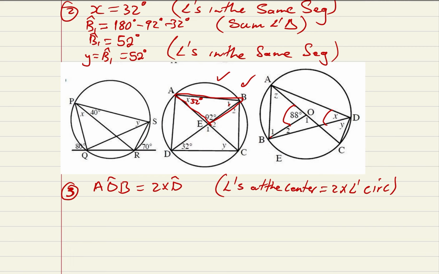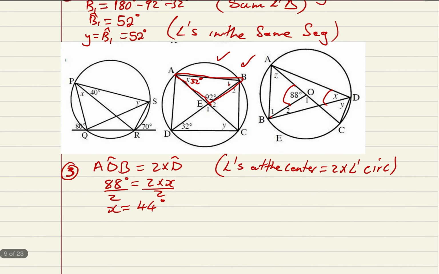Okay, so hence we have 88 degrees equals 2 times x, divide by 2, divide by 2, x is equal to 44 degrees.